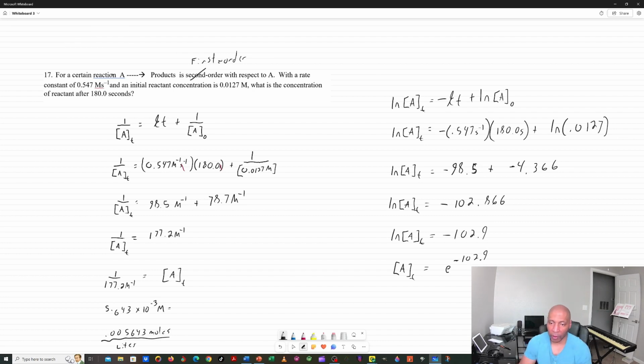All you have to do is hit the anti-natural log key, which is the second function key on the natural logarithm key, and put in negative 102.9. You end up with your A concentration at time t being some ridiculously small number.